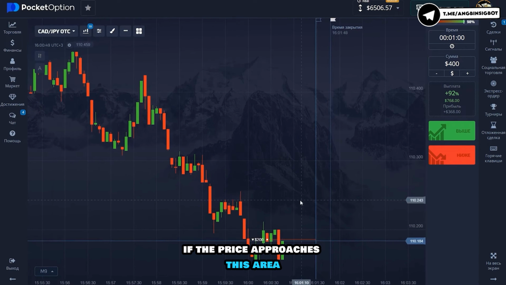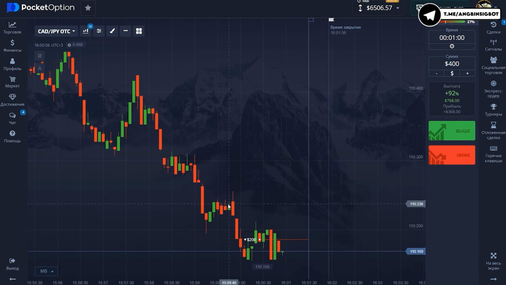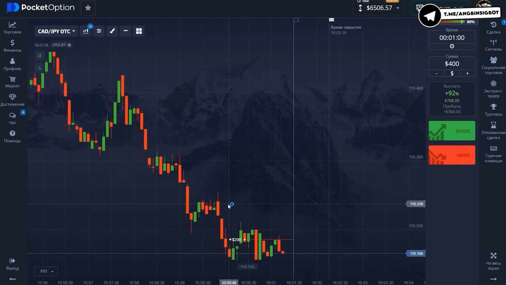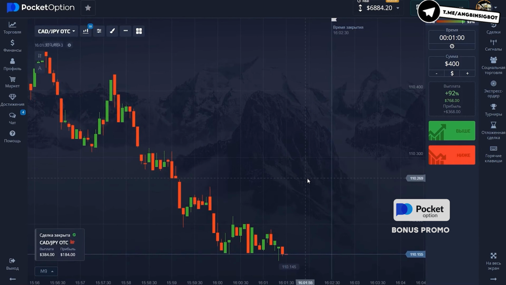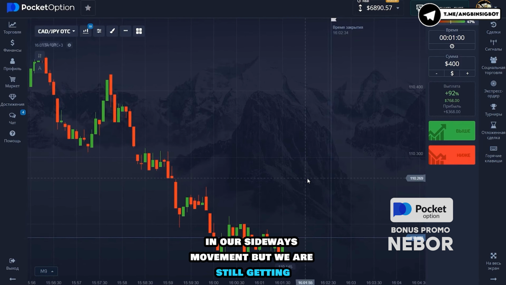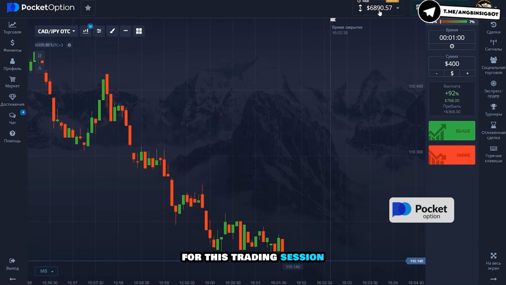If the price approaches this area, I will take a follow-up position. As we can see, the pullback has lasted a bit longer in our sideways movement, but we are still getting a profit and a good addition to the balance for this trading session.